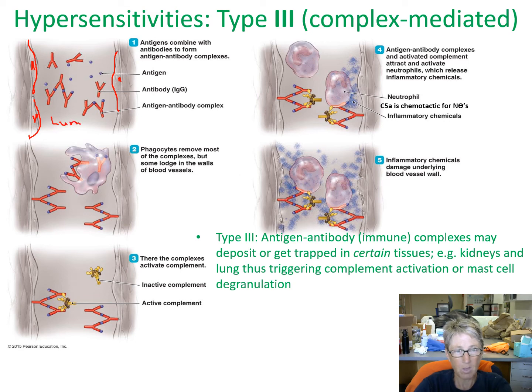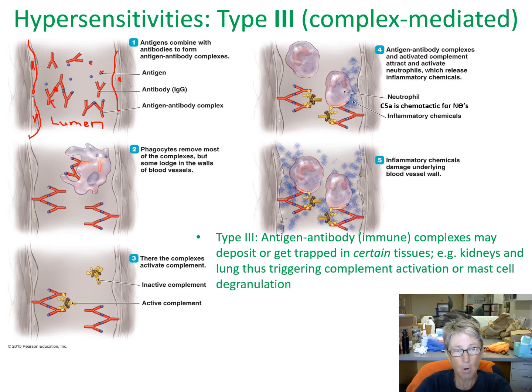And you can see there's antibodies because you see the Y's. And then these little purple things are your antigen of interest. So antigens combine with antibodies as usual. So you can see this purple antigen is binding the antigen binding region of this antibody and also the antigen binding region of this antibody.